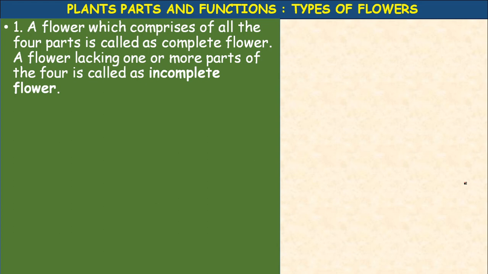Okay, in the higher classes you are going to study, it is of 2 types, racemose and cymose. Like that, the flowers are arranged in basipetal succession, centripetal succession. Okay, all those things you will study in the higher class. So we are discussing the flower.